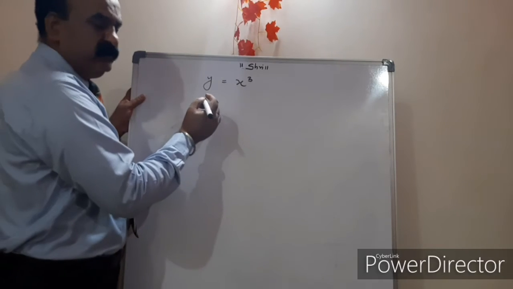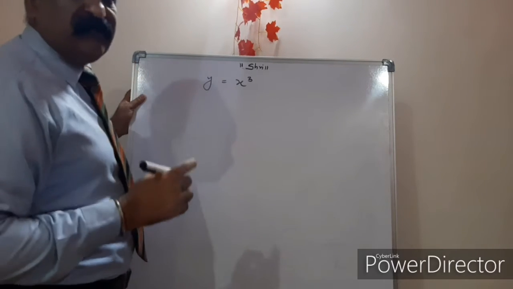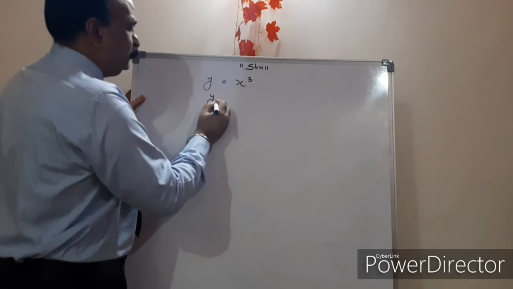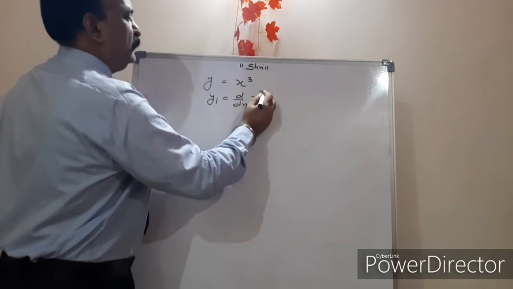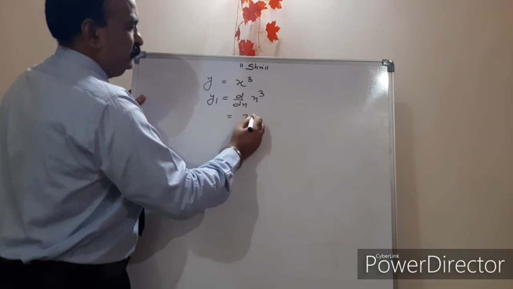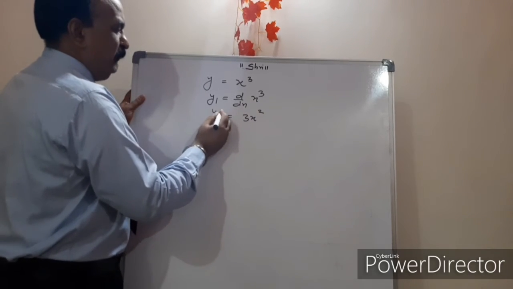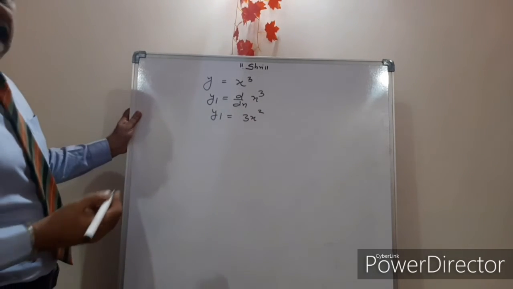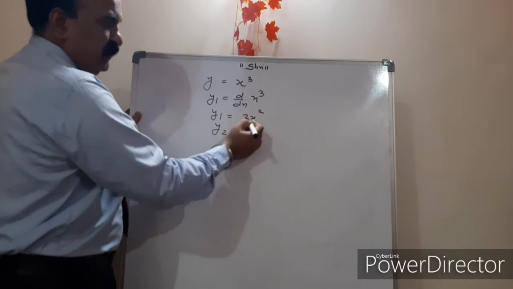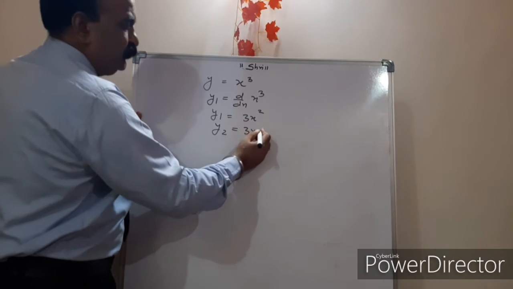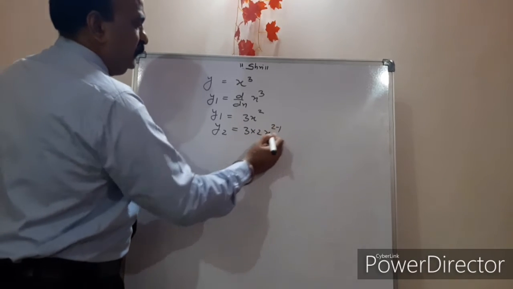First I am going to find dy by dx. It means you can say y1. So y1 is equal to d/dx of x cube. So you will get 3x square. So y1 is equal to 3x square. Now the second differential coefficient y2. y2 is equal to, the power comes here, so 3 into 2 x to the power 2 minus 1.